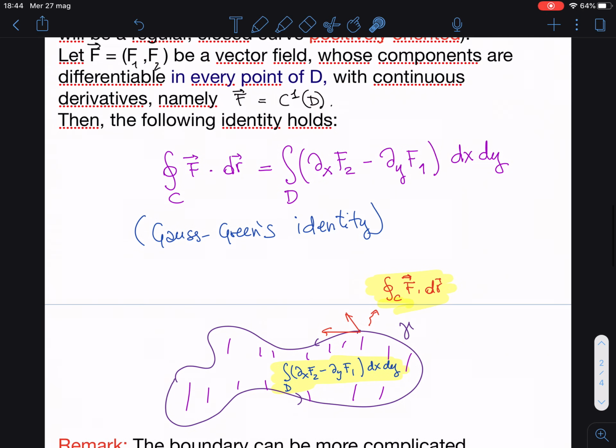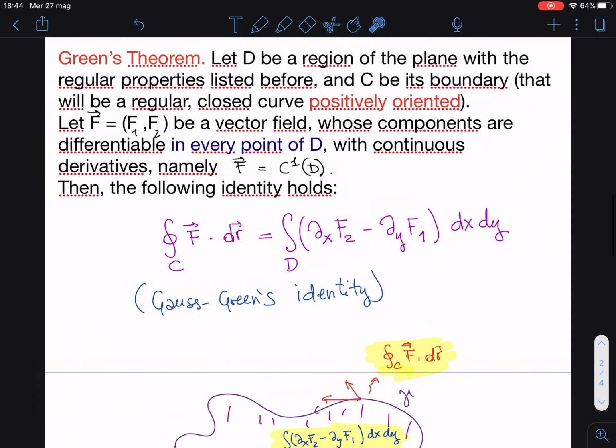So if this point is not clear to you, stop there and make it clear to you. So D is the region, C is the name of the boundary, and F is a vector field. Notice that the vector field has two components. I repeat it again, Green's theorem is a theorem on the planar situations.